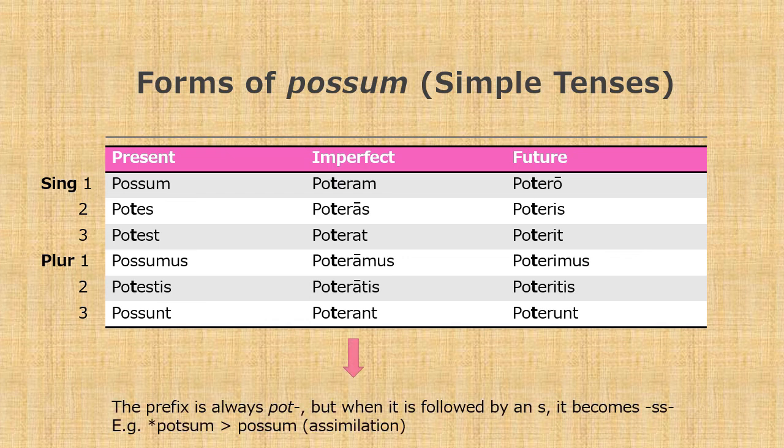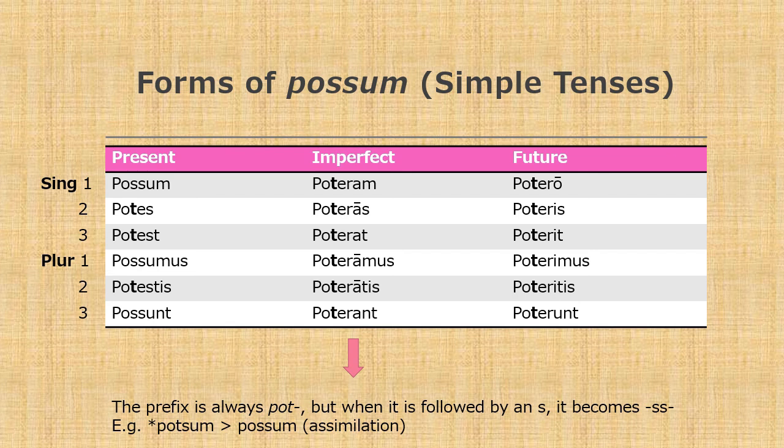So, as you can see, the prefix in this case is always pot. But in the first person singular and in the first person plural of the present, we have a double S, because when the prefix pot meets the S and is followed by an S, the result is a double S. This is because, of course, the original form, let's take the first person singular as in the example, would be potsum, which is kind of difficult to pronounce, and basically the first T becomes an S because it's easier to pronounce.